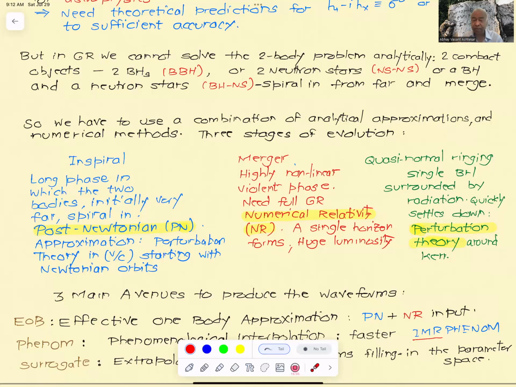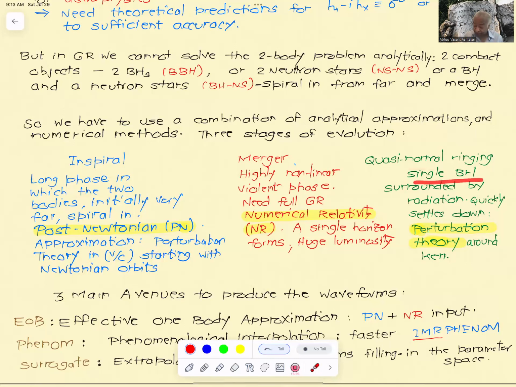But very soon after that, what you hear is really the properties of the bell itself, and the disturbance properties, so to say, have gone out, and the bell is then ringing. That is why it's quasi-normal ringing. It's quasi-normal because there is a frequency, but the amplitude is also decaying. So if you like, you have a complex frequency, and that is the quasi-normal ringing up here.